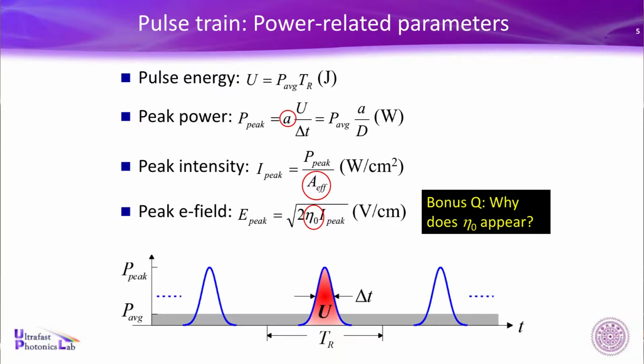The formula is about the relation between electric field and the light intensity. Light intensity can be translated to power density, the power per unit cross-sectional area, right? But why is the relation governed by a wave impedance there? Do you know why? Think about the electromagnetism you studied maybe many years before.